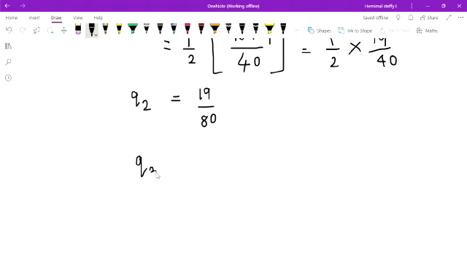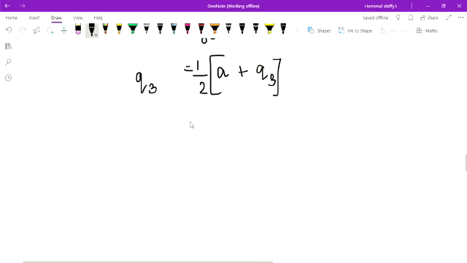What am I going to do? 1 by 2, A plus Q3. So 1 by 2, what is the A value? 1 by 4 plus Q3 is equal to 19 by 80.